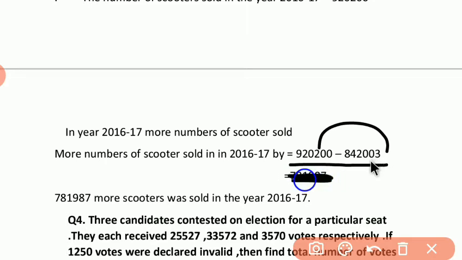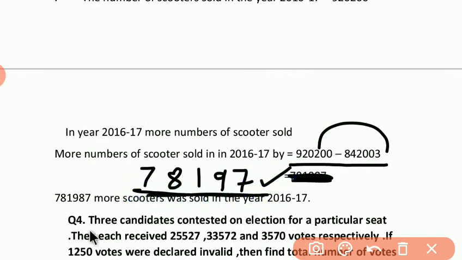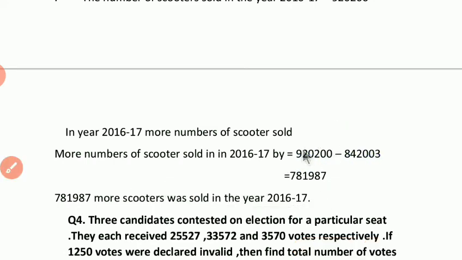If we subtract, it will come as 7,81,097. By mistake it was written wrong, so here it will come as 7,81,987 more scooters were sold in the year 2016-17 than in the year 2015-16.